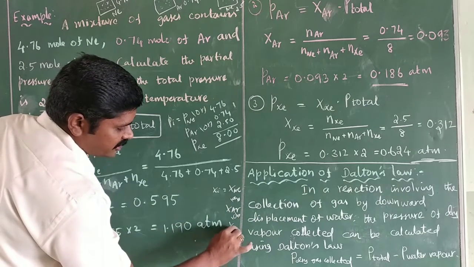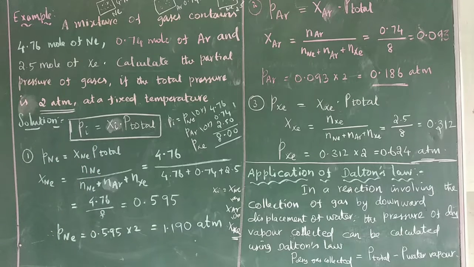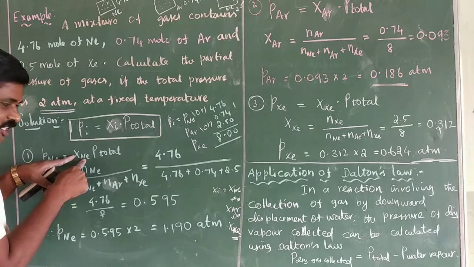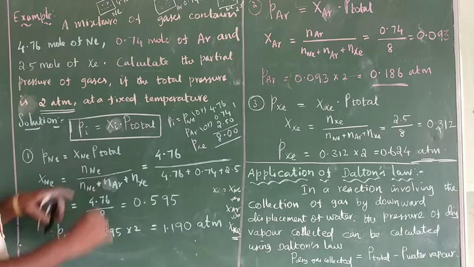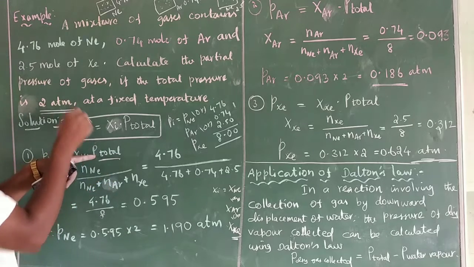The first one, the partial pressure of neon is equal to the mole fraction of neon into total pressure. Total pressure is 2 atm.